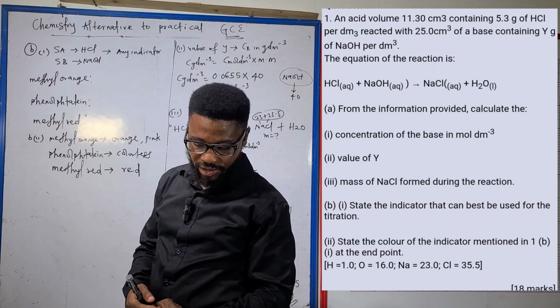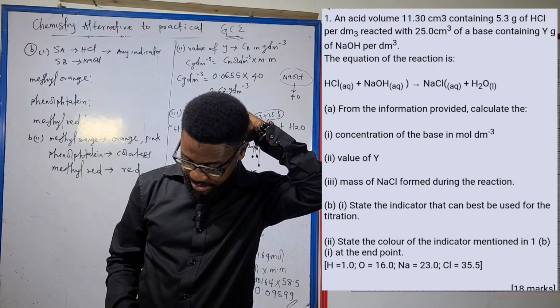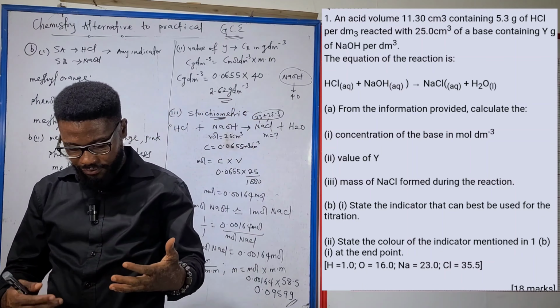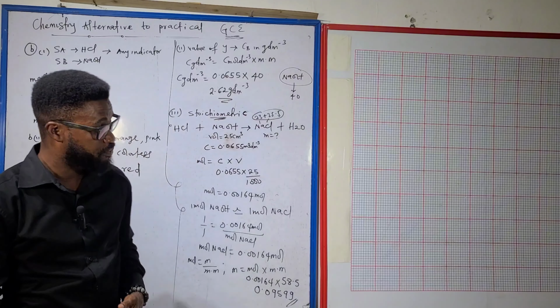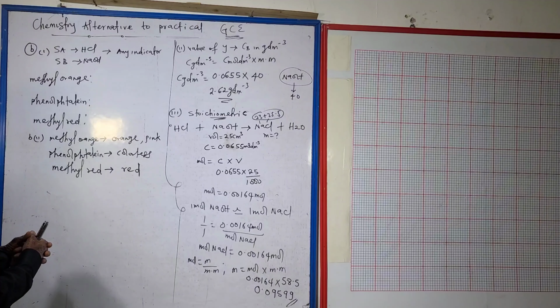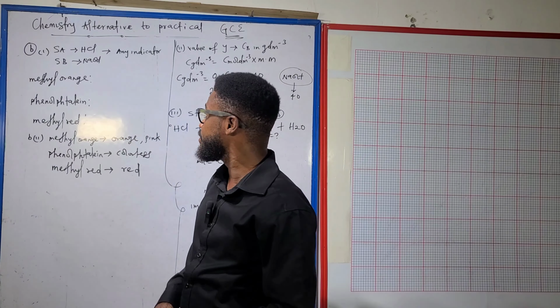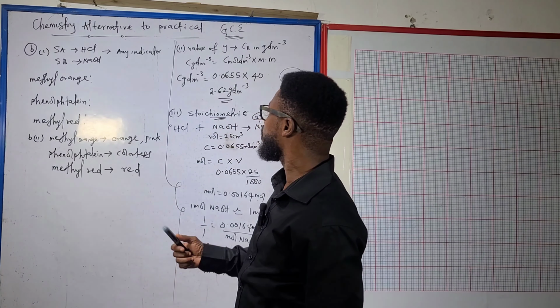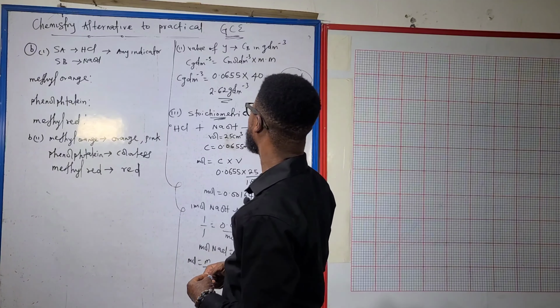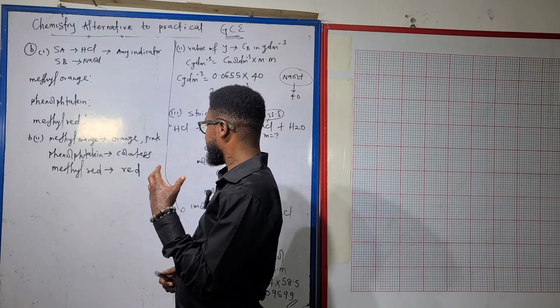We necessarily do not need a table in this regard. If you check most of the probable questions we've brought forward, we've not had any table thus far. So with this, we've come to the end of this probable question for your chemistry alternative to practical.